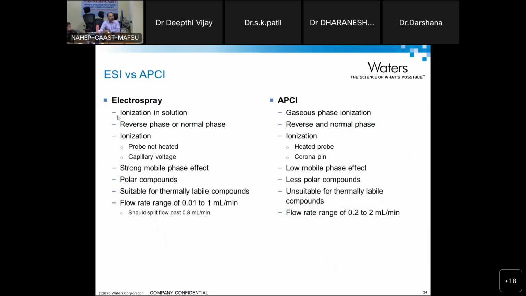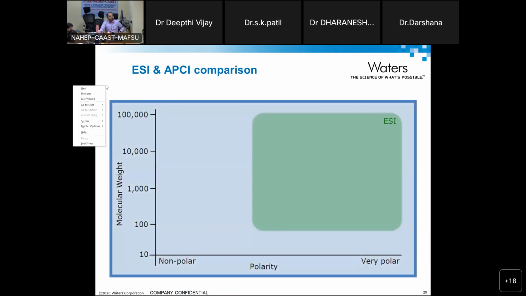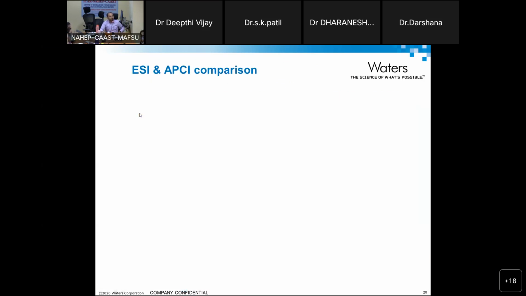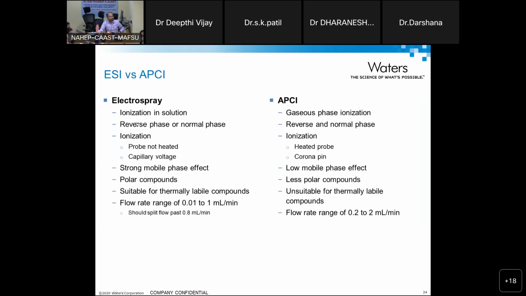In electrospray, as I've told you, the ionization happens in solution, whereas in APCI, it happens in the gaseous phase. It is basically a gaseous phase ionization.